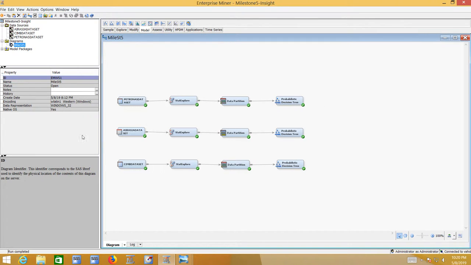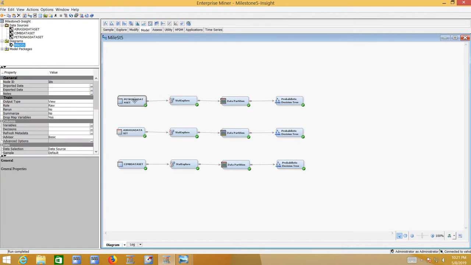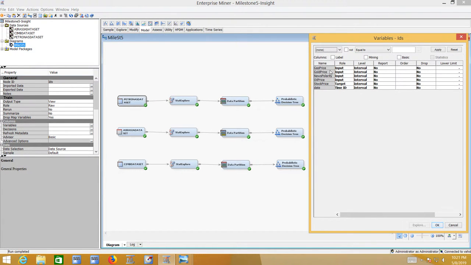I have created three lines here in my diagram, one for the Petronas dataset, AirAsia, and CIMB dataset. If I explore this dataset, I have 1, 2, 3, 4, 5, and 6 columns.